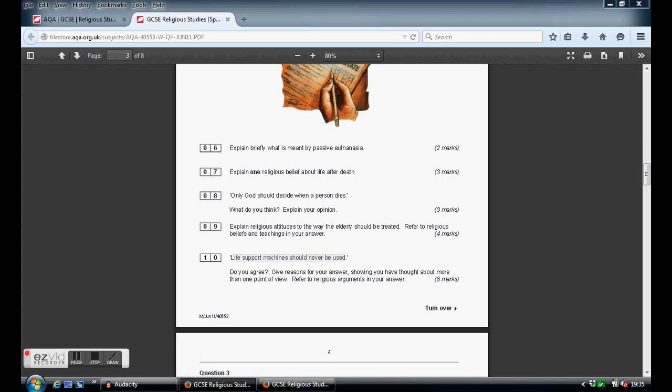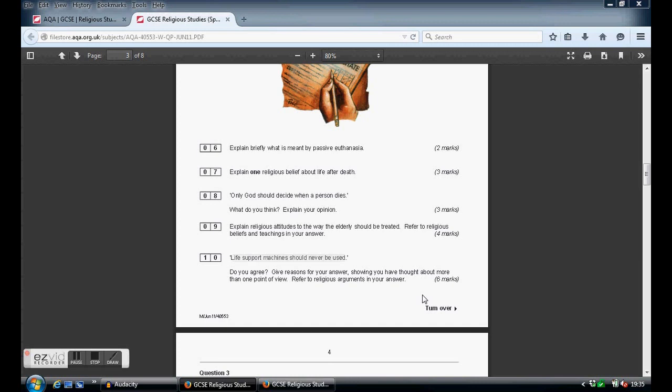So I'll start off and say, yes, I agree with that. Life support machines should not be used because it goes against nature. If somebody is on life support and they wouldn't live without a machine to breathe for them, then that's not really a natural state to be in. It prolongs the suffering of the family, who are sort of holding out hope that that person might come back, and they probably won't.